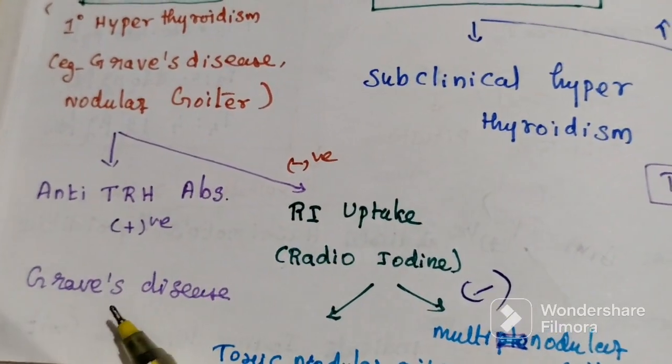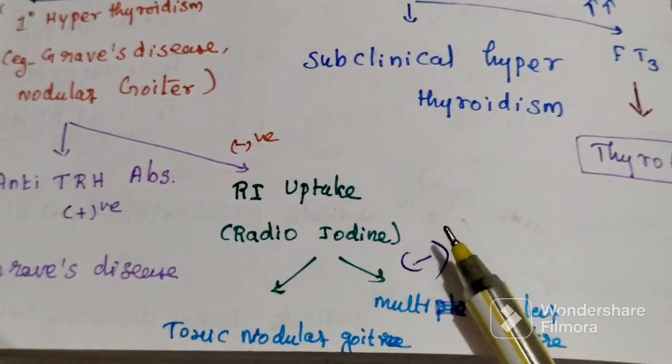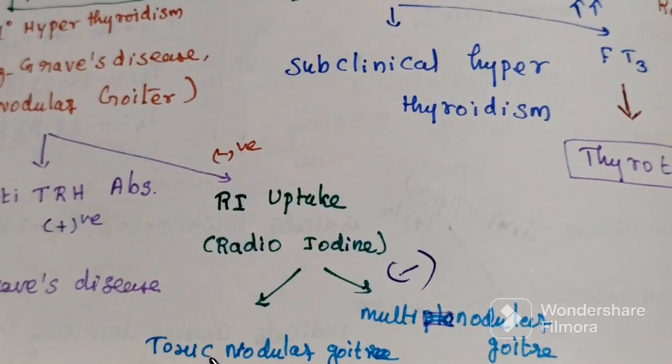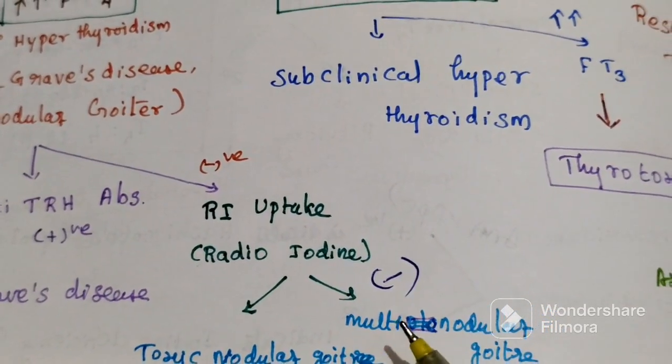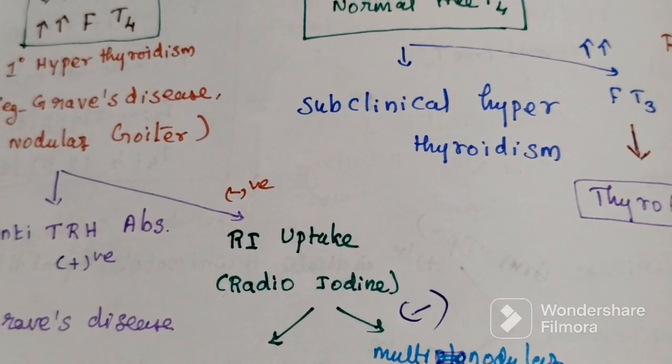Positive antibodies mean Graves' disease. Negative antibodies mean toxic nodular goiter and multinodular goiter.